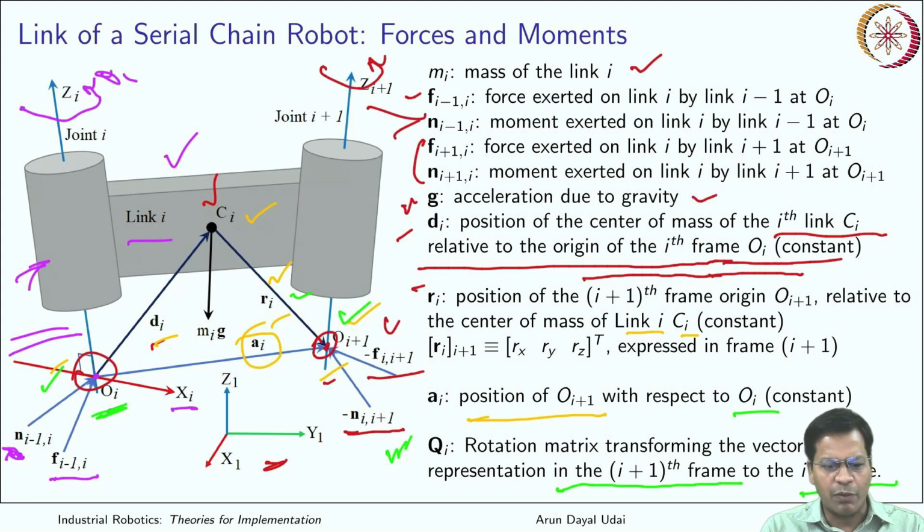So you know the transformation matrix that takes you from Oi to Oi+1. Okay. So that rotation matrix, the 3 cross 3 rotation matrix that exists as a part of that, is Qi. So it will take the orientation change from this frame Oi to Oi+1. Okay, so these are some of the notations that I'll be using when I do the analysis of this.